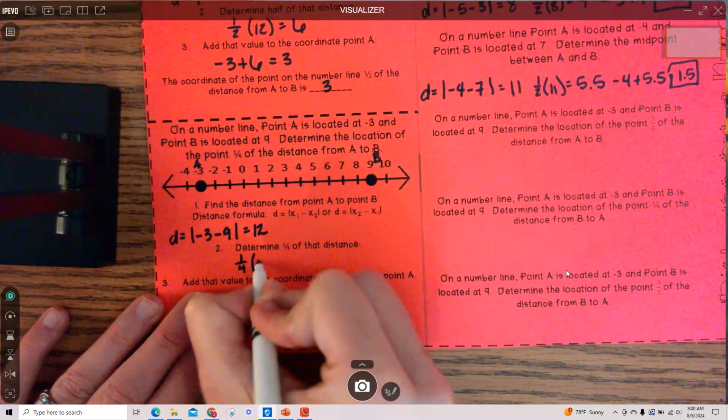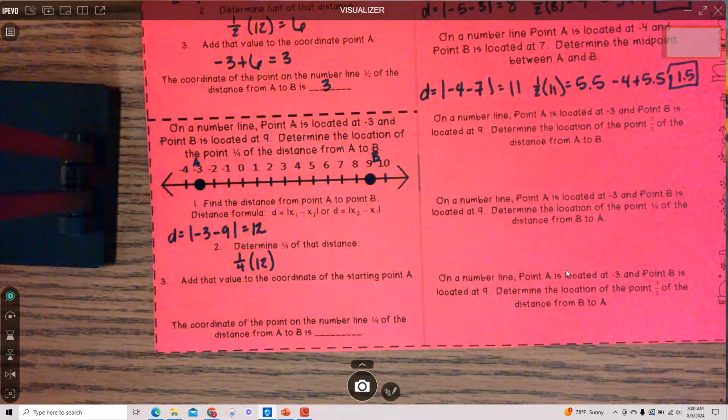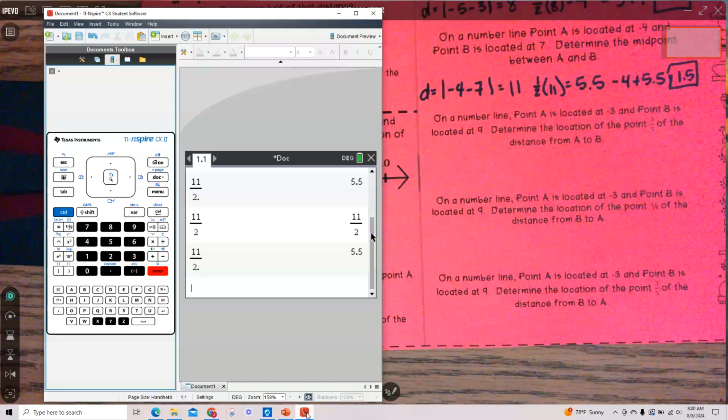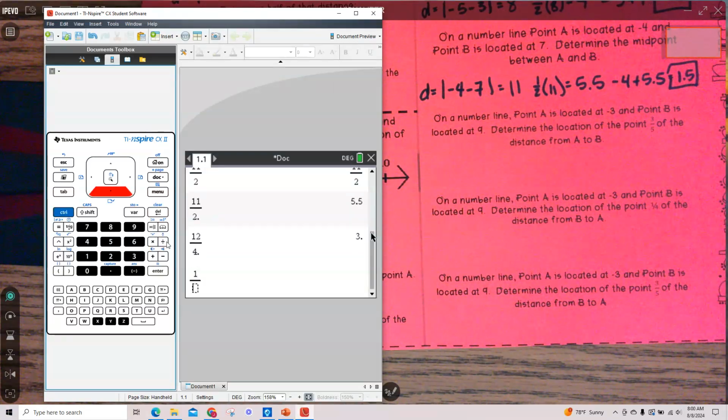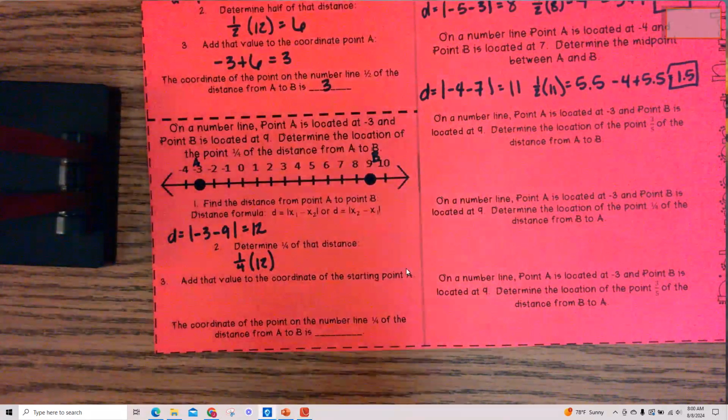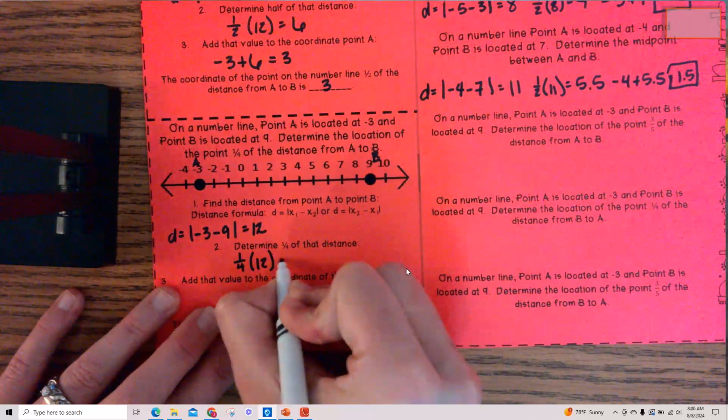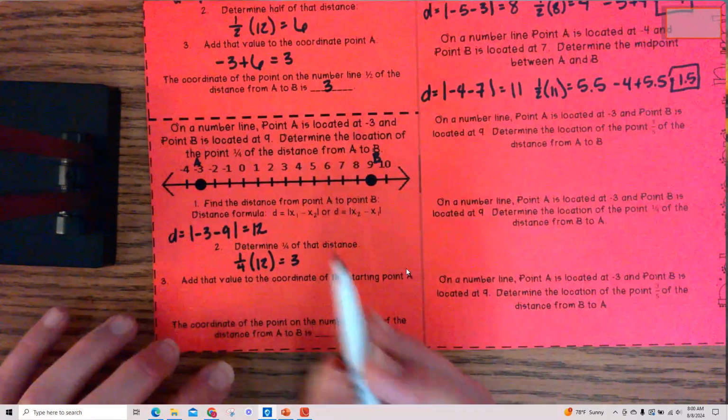So we would do a fourth times 12. And that is the same as 12 divided by 4. Okay? You could do 1/4 and then multiply it by 12. It's going to give you the same answer. So that equals 3. Okay.